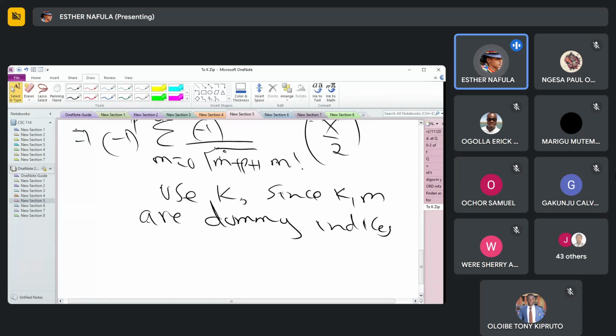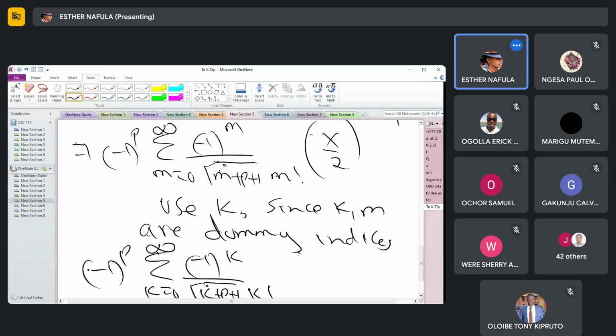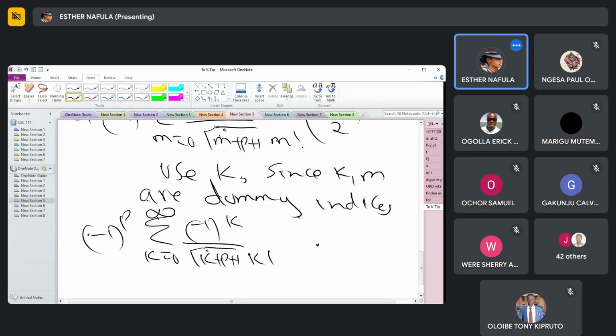If we replace m with k, then we have minus 1 raised to power p, summation from k is 0 to infinity, minus 1 raised to power k, over gamma of k plus p plus 1 times k factorial, x over 2 raised to 2k plus p.